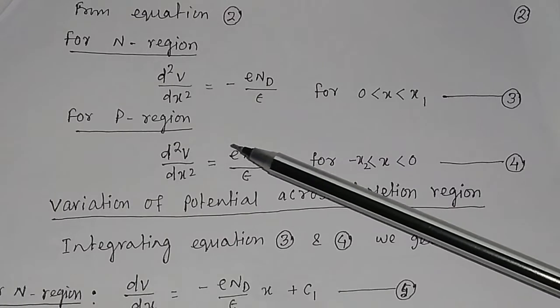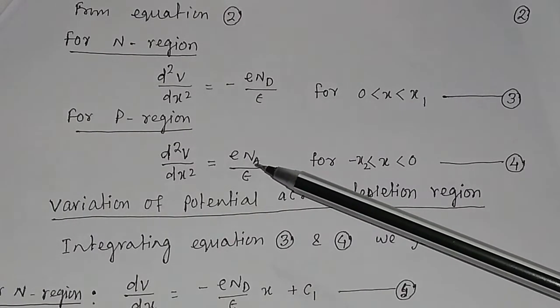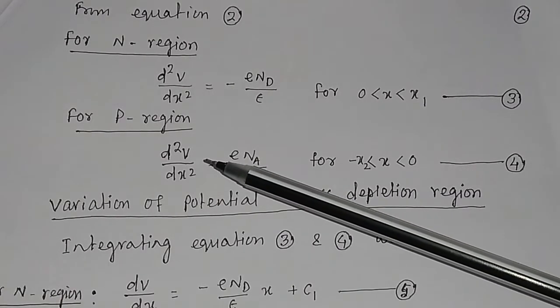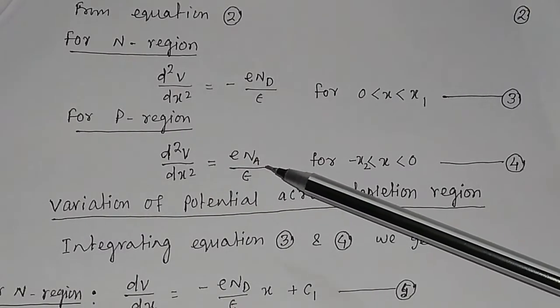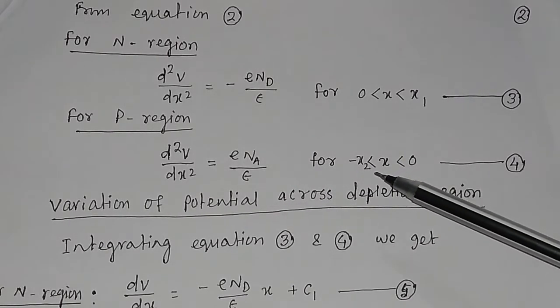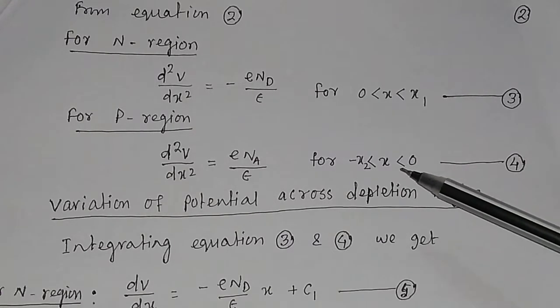Similarly for the P region, from equation 2, if you replace rho by e into Na, the second derivative of potential with respect to x will be equal to e into Na divided by epsilon, and here the x value extends from minus x2 to 0.